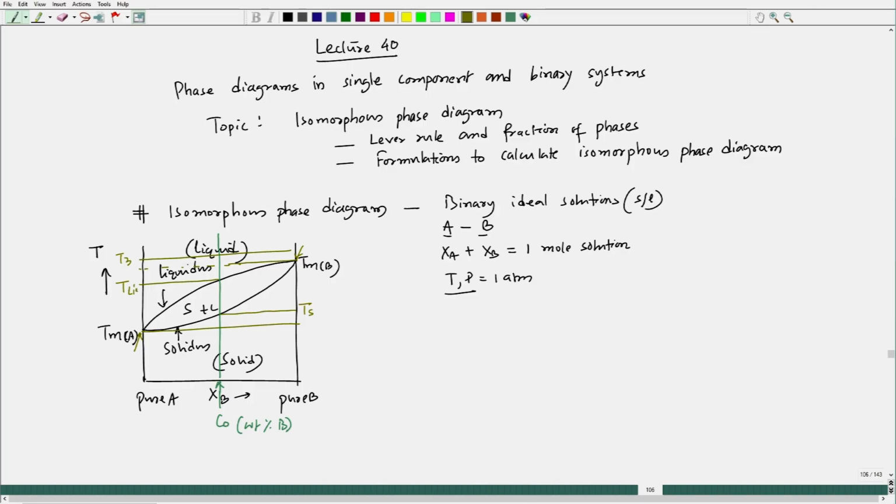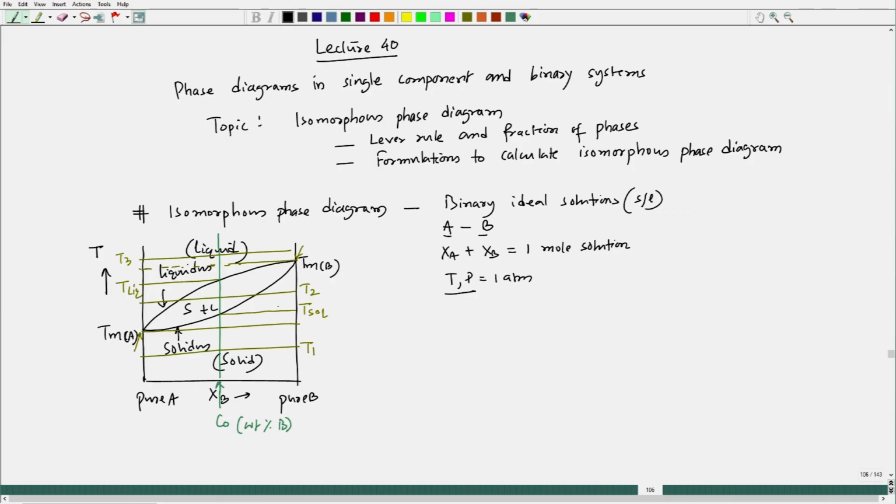And then another temperature we are taking, which was T2, and this was another temperature which was T1. Okay. Let us see, at all those temperatures, what would be the phases as well as compositions that can appear in the system.